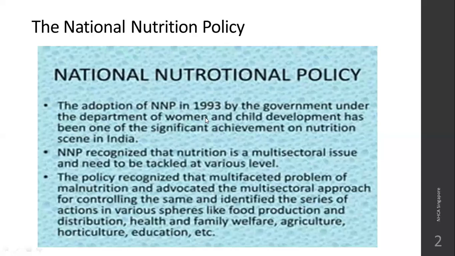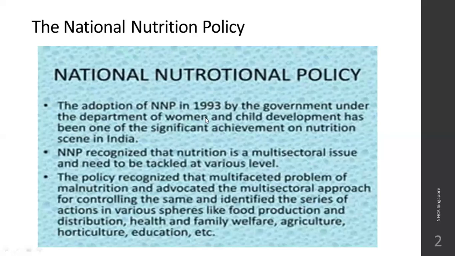areas. So NNP had recognized that nutrition is a multi-sectoral issue. It's not just getting food on the table. There are various clinical aspects, industrialization, access, the gap in income of different income groups. So it's a very multi-sectoral issue.